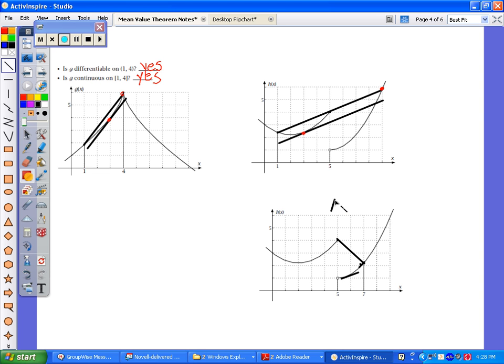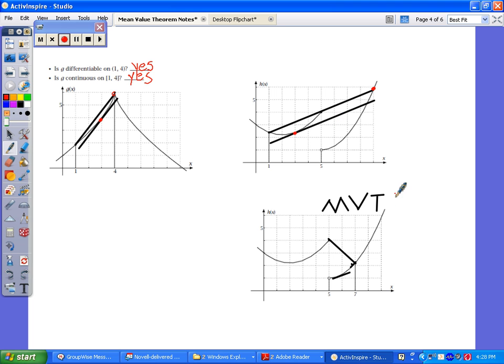So here, the mean value theorem fails because h of x is not continuous on 5, 7. And this is at the endpoint of this interval, and that's why the function needs to be continuous at the endpoints as well.